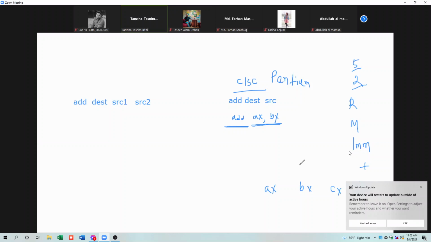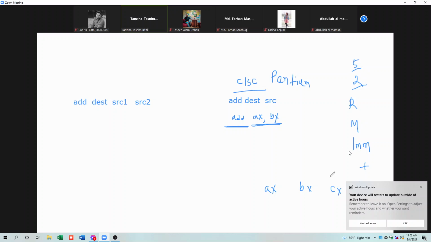If the register names are not mentioned here, how is the processor going to locate the operands? Suppose the names are not given. At that time it would need to check all the data registers of the Pentium processor. But in this instruction, the register names are mentioned: AX is your destination operand as well as one source operand, and BX is another source operand.